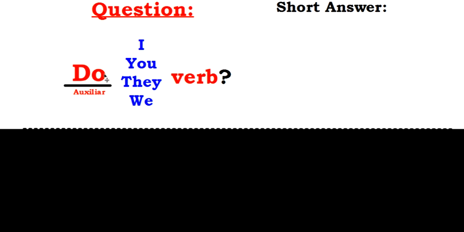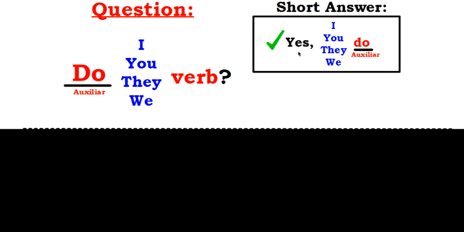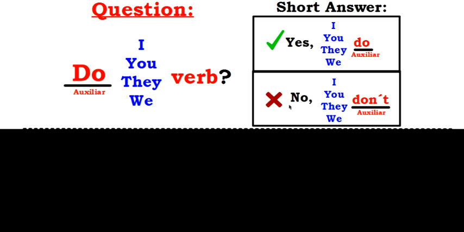Now, a question like this is a yes/no question. When we say yes to the question, we say yes, and then the subject, and then do, the auxiliary. When we say no, we say no, the subject, and don't, the negative auxiliary. Very good.